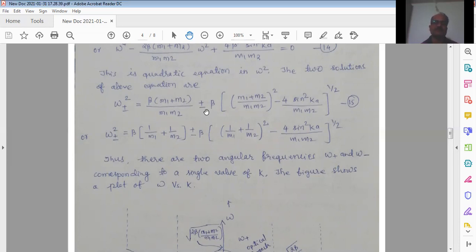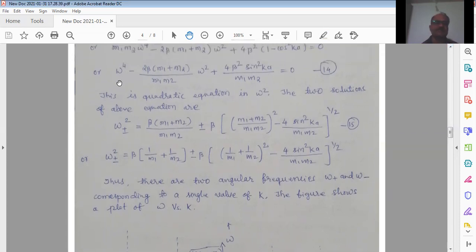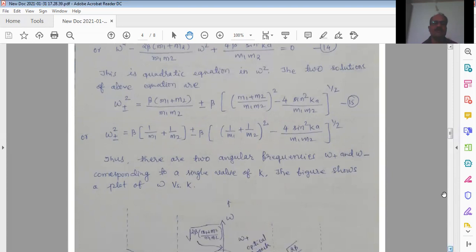The same formula is used here, with a in place of a, this whole term in place of b, and this whole term in place of c. All these terms are substituted into that formula. Using that formula, we have written this one. It's very simple.